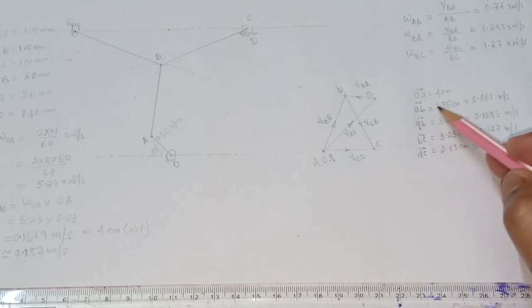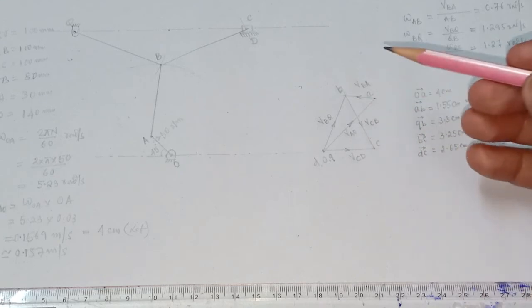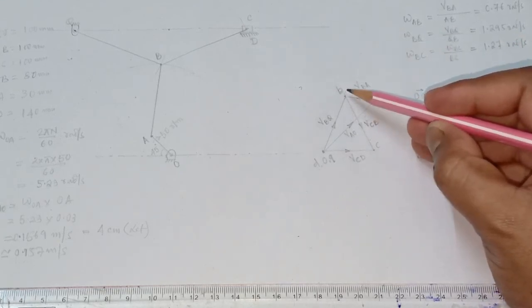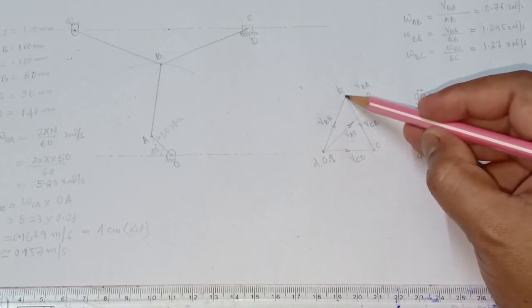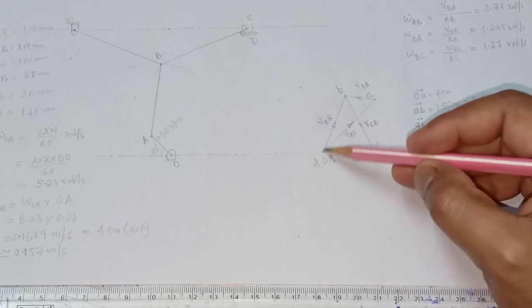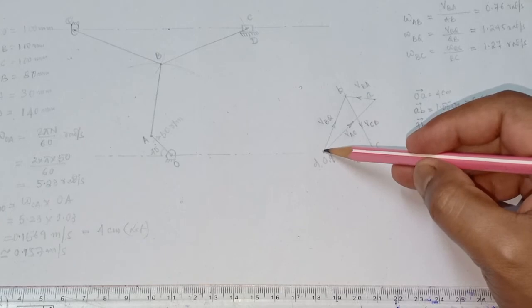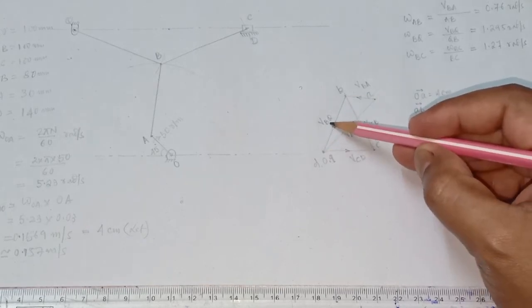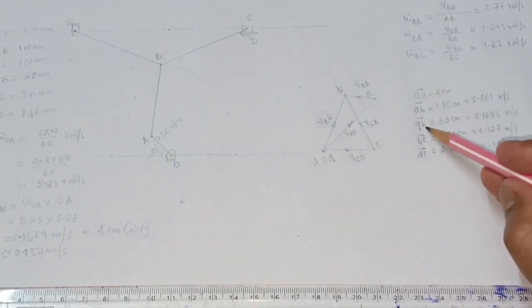Now they have asked to find the velocity of a point only. If they mention it this way, we find the velocity of that particular point relative to a fixed point. B is connected to the fixed point in terms of VBQ, so we need this data.